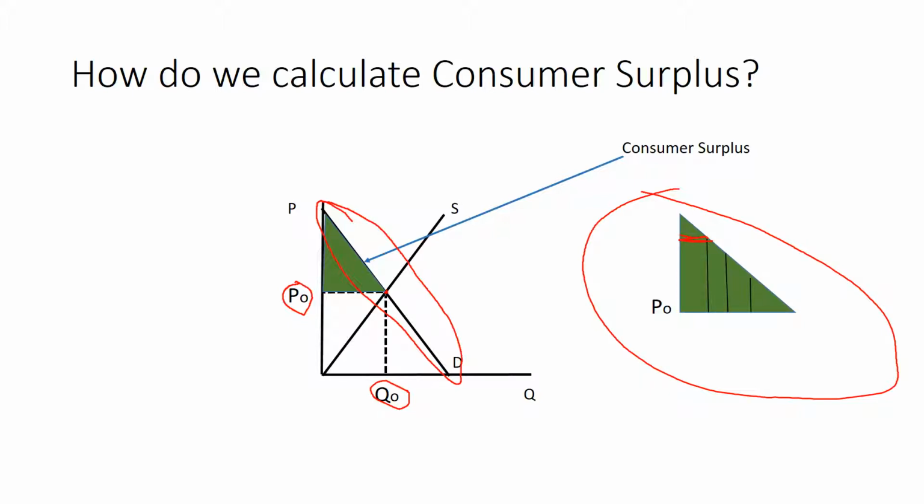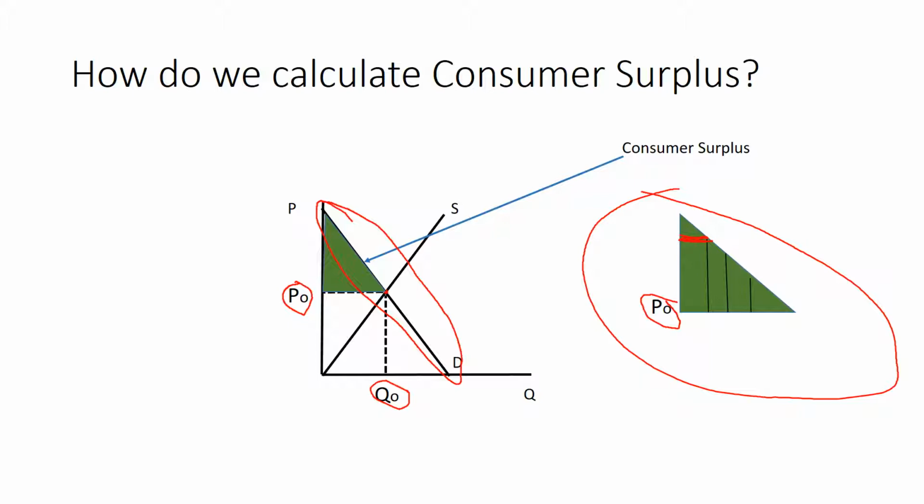So this person is willing to buy at $300, so they're willing to pay $300 for this phone. But the equilibrium price, let's say, is only $200. So how much do they benefit from buying this phone at $200? Well, they were willing to pay $300, and they have to pay $200, so their benefit is $300 minus $200, which gives them $100 of benefit.